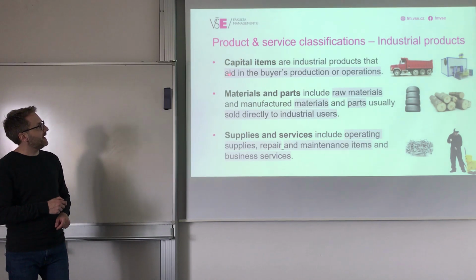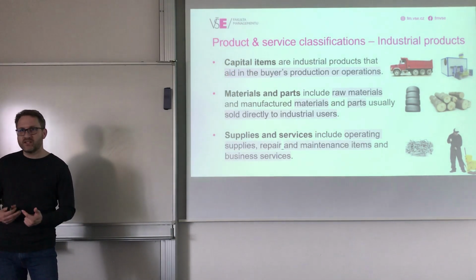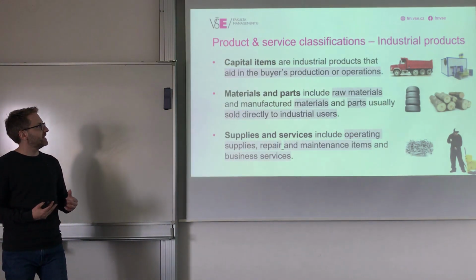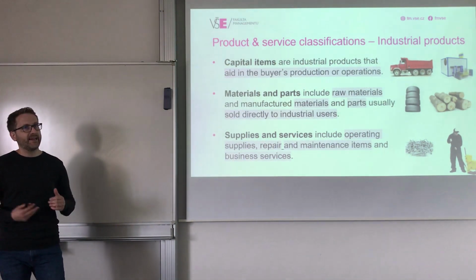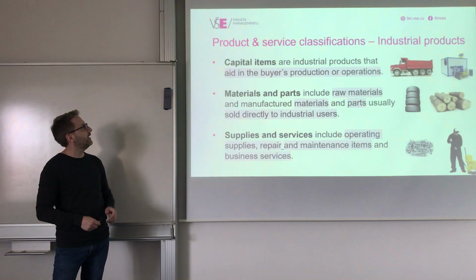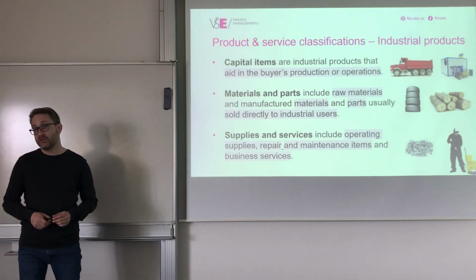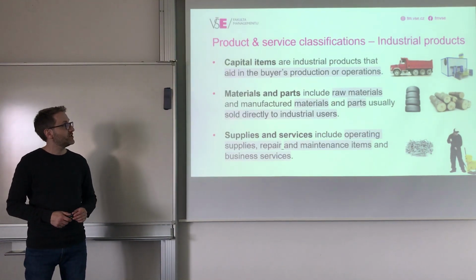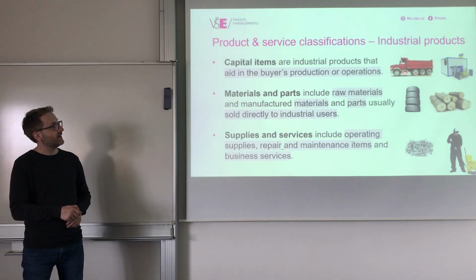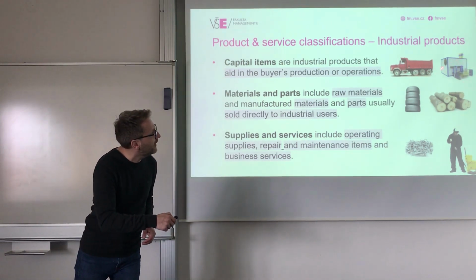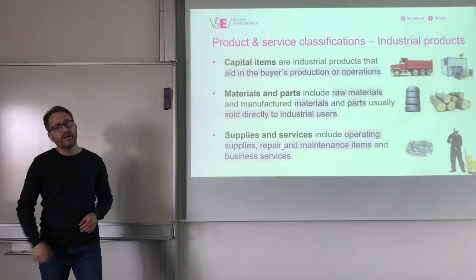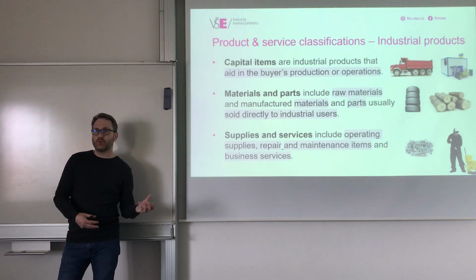So if we look at the capital items, I already told you that they are industrial products that can, let's say, aid in the buyer's production or operation. So you can see a truck here, there's some, I don't know, electric generator. Like, you need a tool, okay?